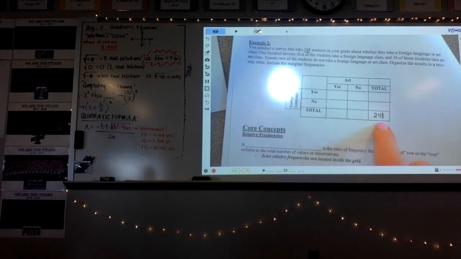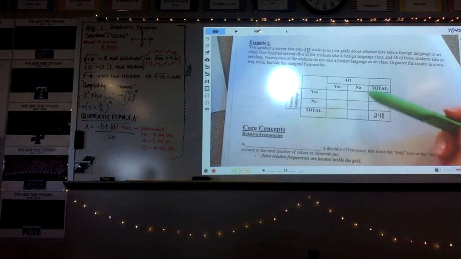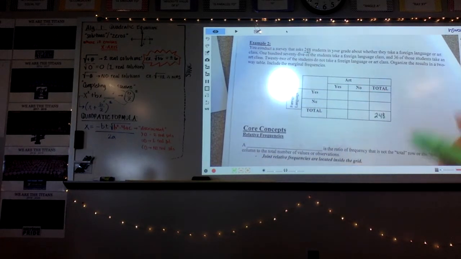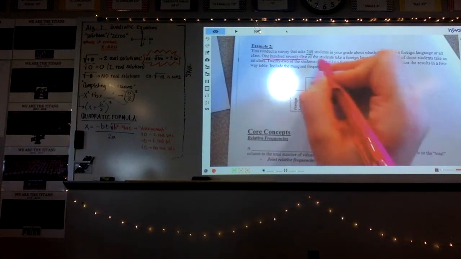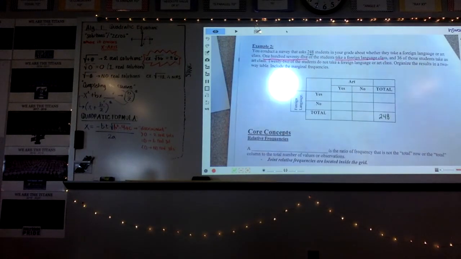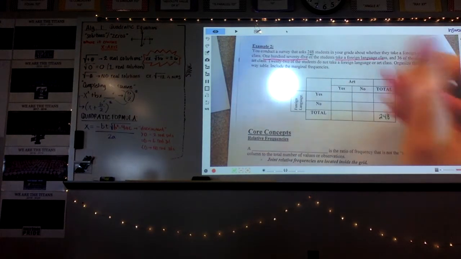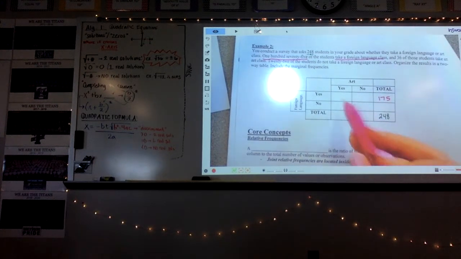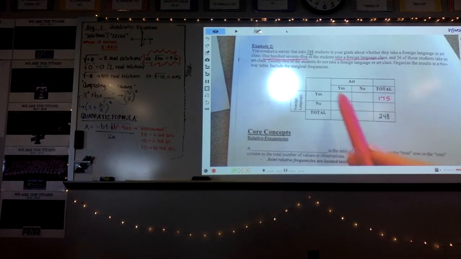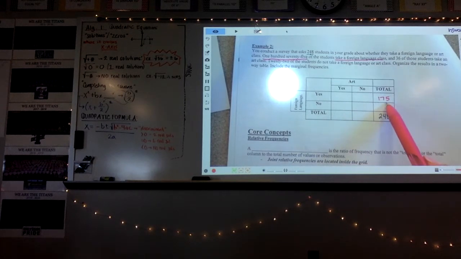They can either answer yes or no to taking a foreign language or yes or no to taking an art class. It says 175 of the students take a foreign language class, total. So 175 said foreign language. It doesn't say whether or not they answered the art question yet, just total 175 take a foreign language.